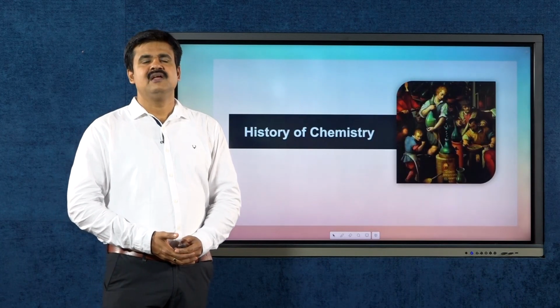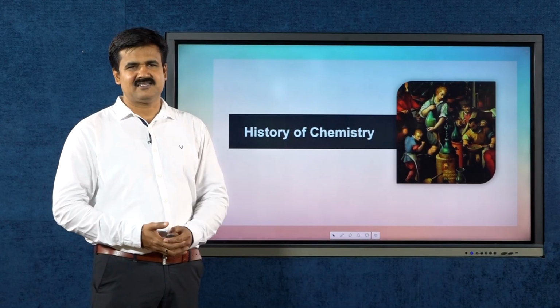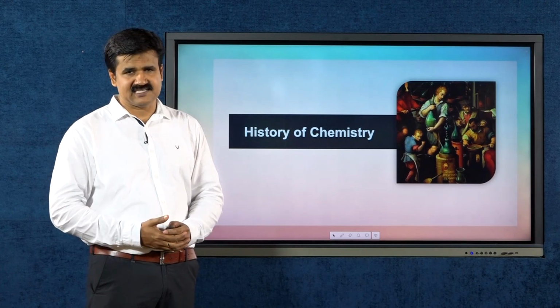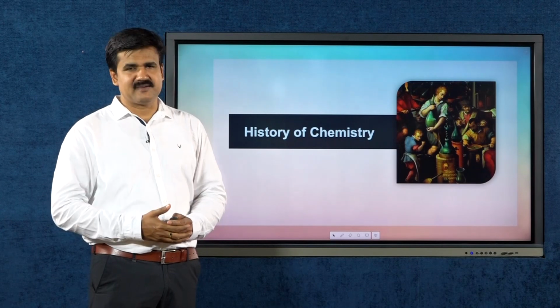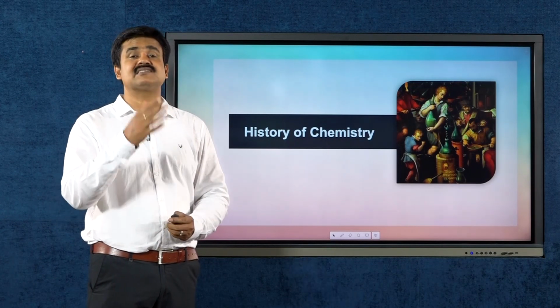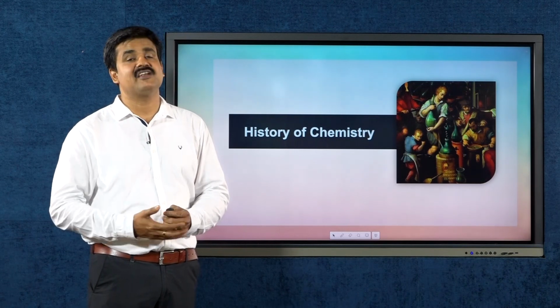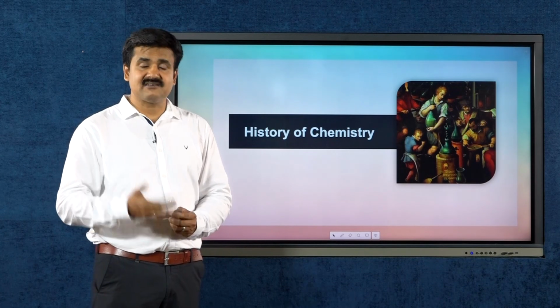Now, we are discussing the history of chemistry. You know that chemistry is a very popular branch of science which originated from several experiments which passed through several stages. Till date, chemistry is developing. Every day there are new inventions and discoveries.